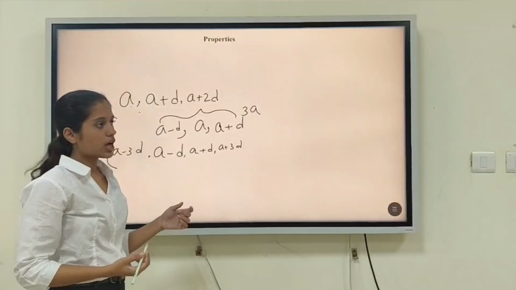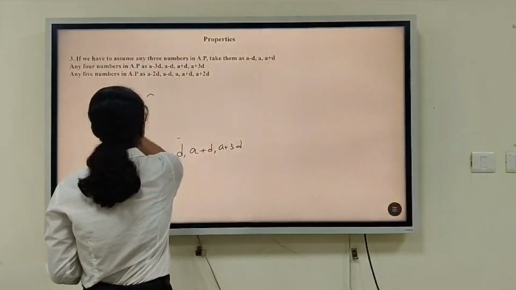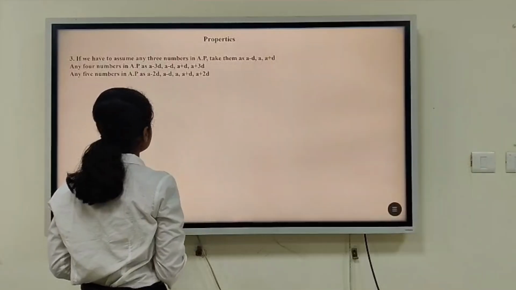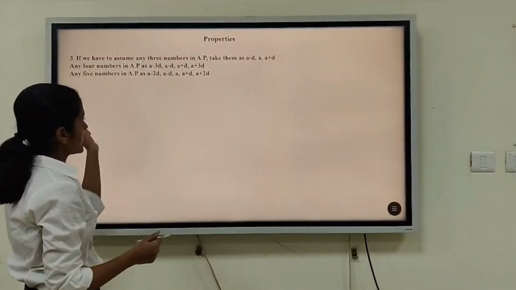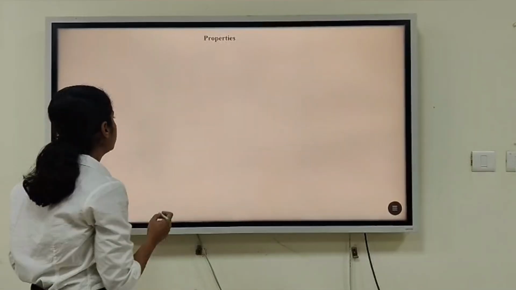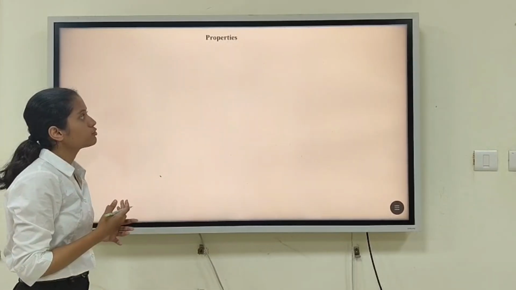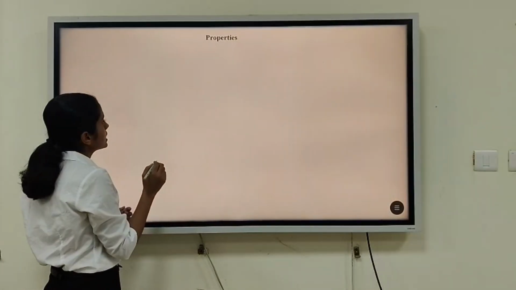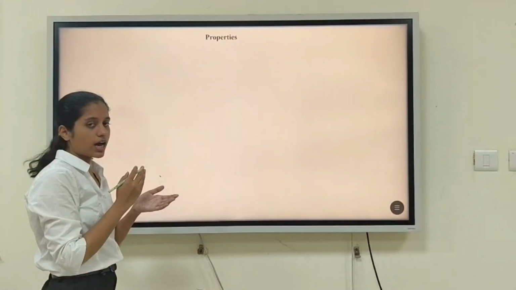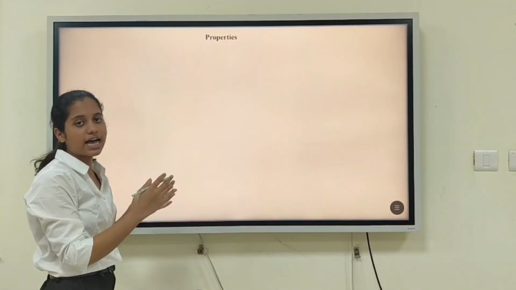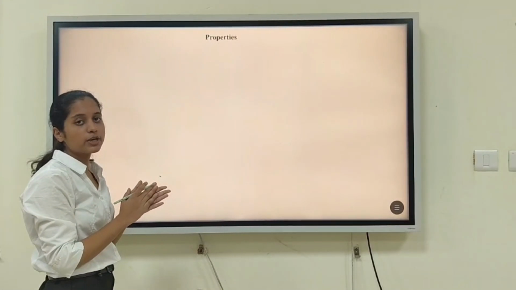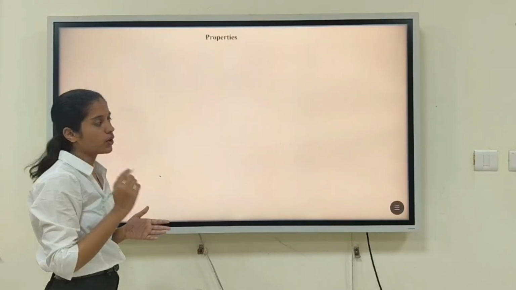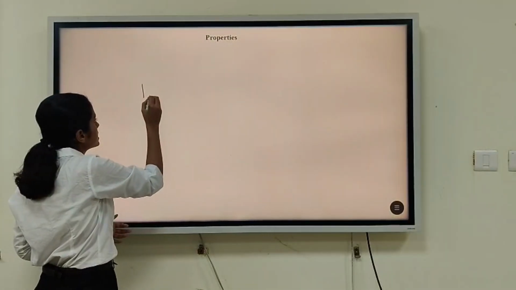Now we will see the last property, one of the most important properties of AP, which says that if a sequence is in AP and you add the first and last term, it will be equal to the sum of the second and second last, and so on. By taking an example, we will see this.